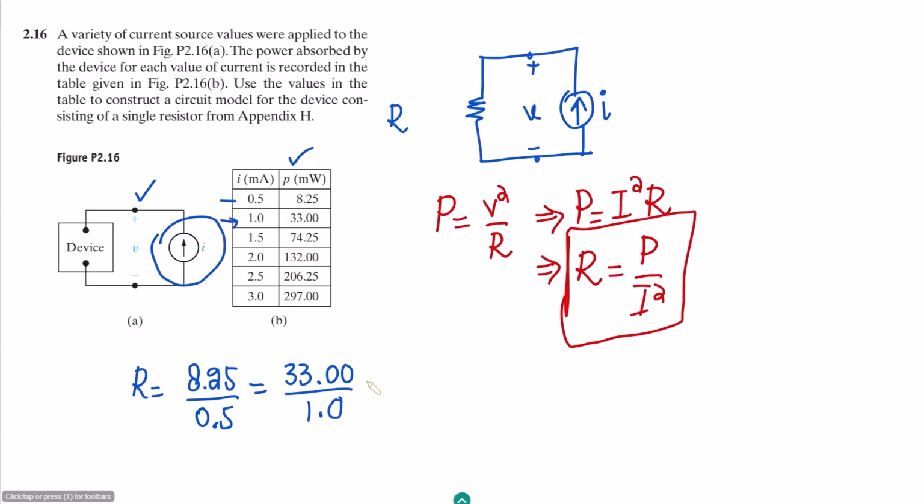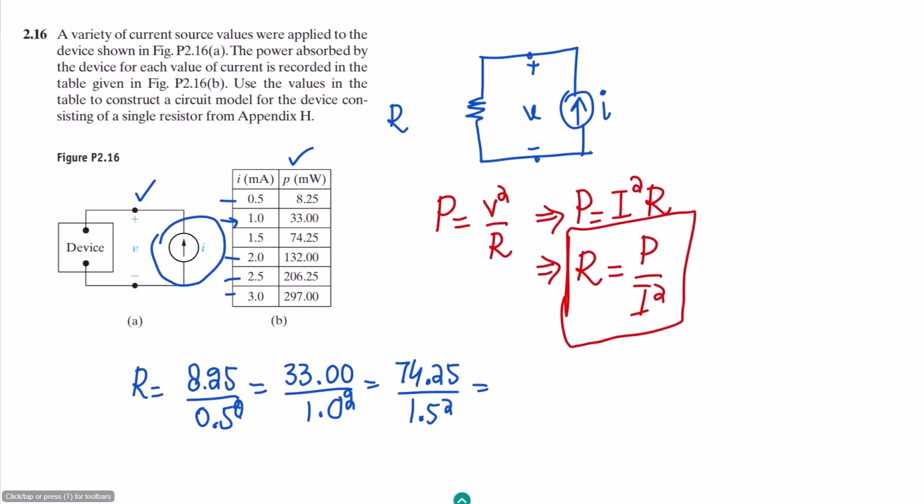For the third one, that is also a square. Also for the others, it will be 74.25 divided by 1.5 square, and so on for the others as well. For this we have to put it in this formula. So let us take any one of them.